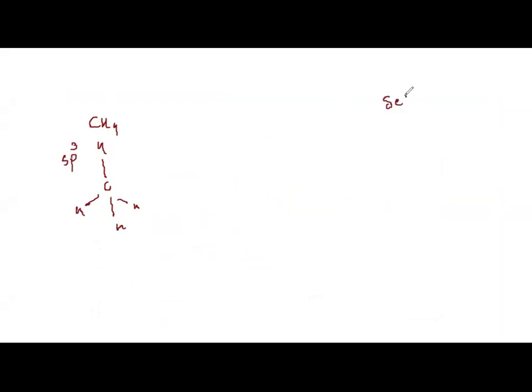What about SeF4? Looking at the molecular formula, we cannot come to the conclusion immediately. Oxygen, sulfur, selenium: selenium belongs to the oxygen group. So it has 6 electrons and is bonded to 4 fluorine atoms, minus 0 plus 0. 6 plus 4 is 10, 2 fives are 10. Therefore, H is equal to 5, which means the hybridization is sp3d.